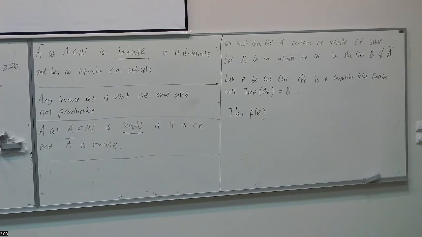Because it's an infinite set, some value must be greater than or equal to 2e. So there is some z such that phi sub E of z is greater than or equal to 2e. Moreover, phi sub E is a total computable function.